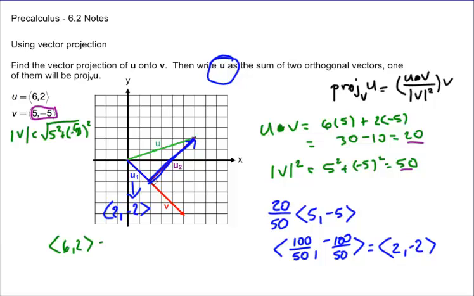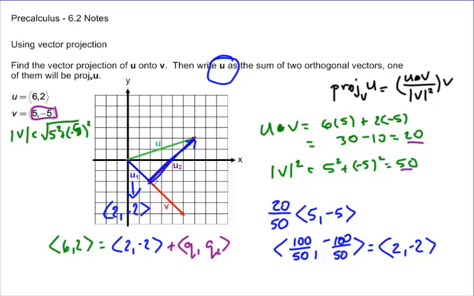And what we want our equation to look like is this. We want this vector 2, negative 2 plus, let's just call it, let's see, we got U and V. I'll just call it Q, for lack of a better word, Q1 and Q2.